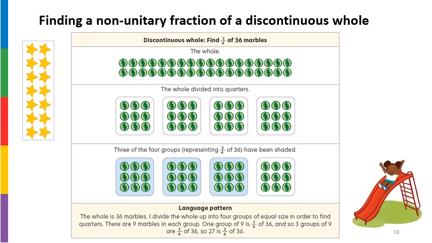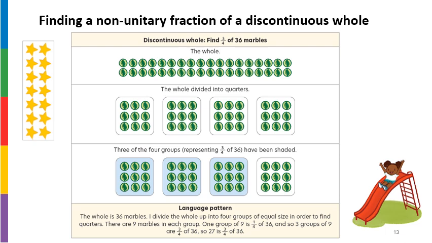When I read at the bottom at the language pattern, it says the whole is 36 marbles. I divide the whole up into 4 groups of equal size in order to find quarters. There are 9 marbles in each group. One group of 9 is 1/4 of 36. So 3 groups of 9 are 3/4 of 36.